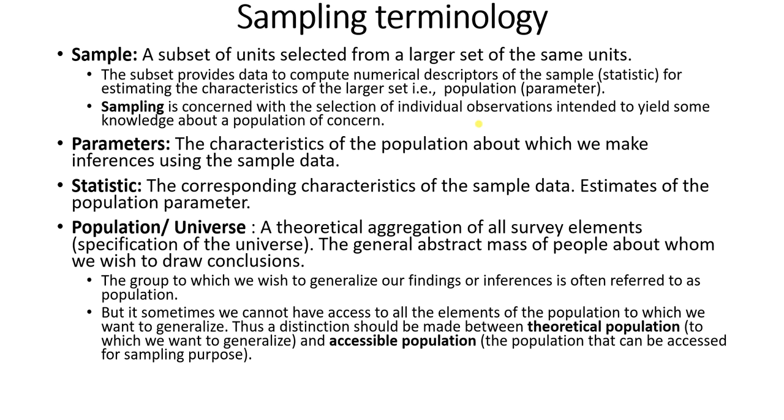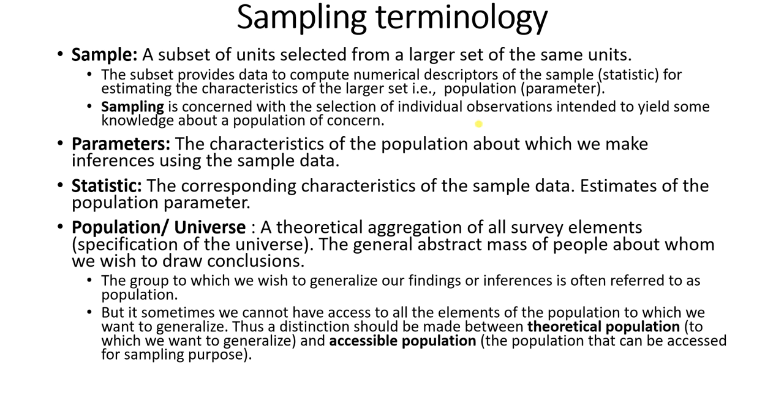But sometimes, even in a well-defined set of units, that is the population, it is not always possible to have access to all the elements of the population. And thus, a distinction is often made about the theoretical population.